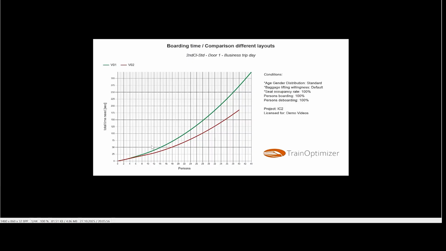It becomes clear that passenger changeover time increases significantly in layout 1 without luggage racks, as more people can fit into the vehicle, which further increases the time. Even with a fixed number of passengers, for example 40, there is a noticeable difference in boarding time.